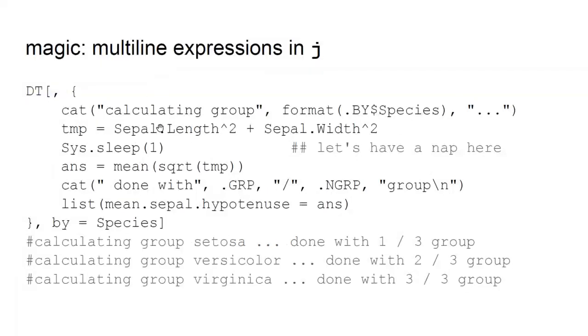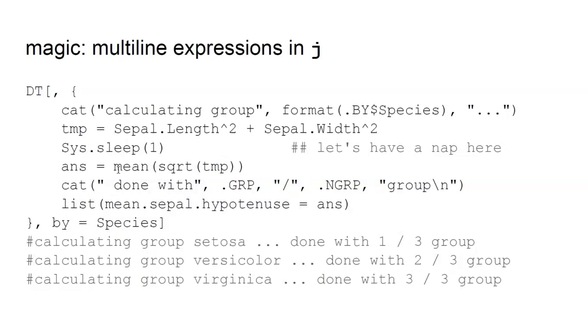Then we are calculating the temporary variable, which is the sum of squares of two variables in the data table. Then we just sleep for 1 second to not be too fast.